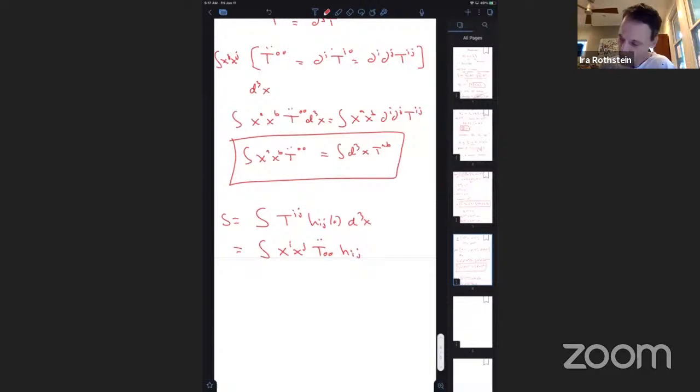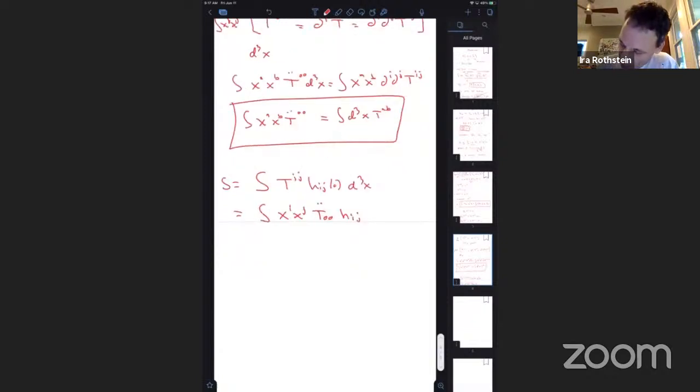Okay, so I can integrate this by parts. So this T^{00} sits on the world line. So this guy looks like, okay, and d^3x. Remember these x's are not the world line x.